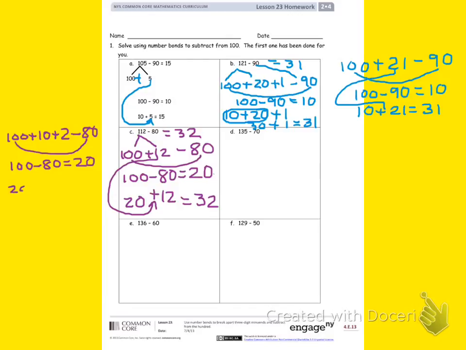Take that 20 and add in the 10 plus 2 from above. 20 plus 10 is 30, and then plus 2 equals 32. Some kids need to decompose the three-digit number completely, while others can do it the faster way. Either way you do it, you still get the same answer. Now you use this strategy to complete items D, E, and F on your own.